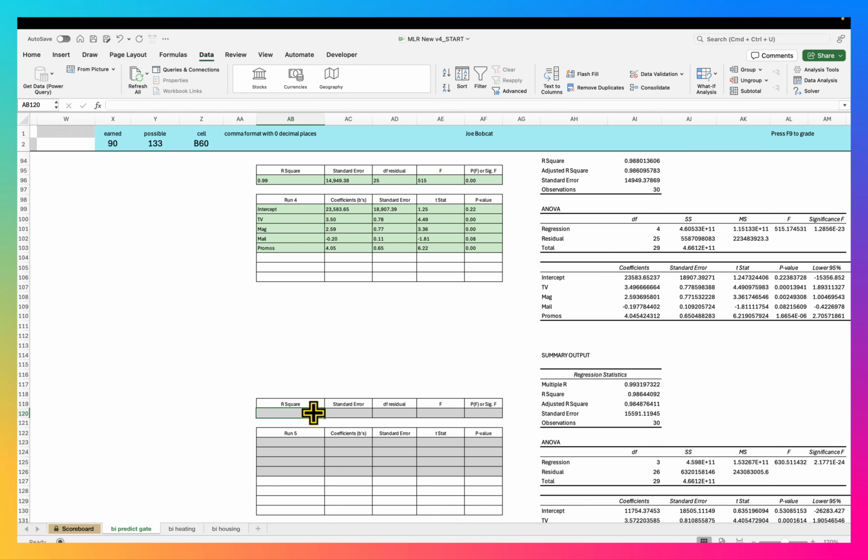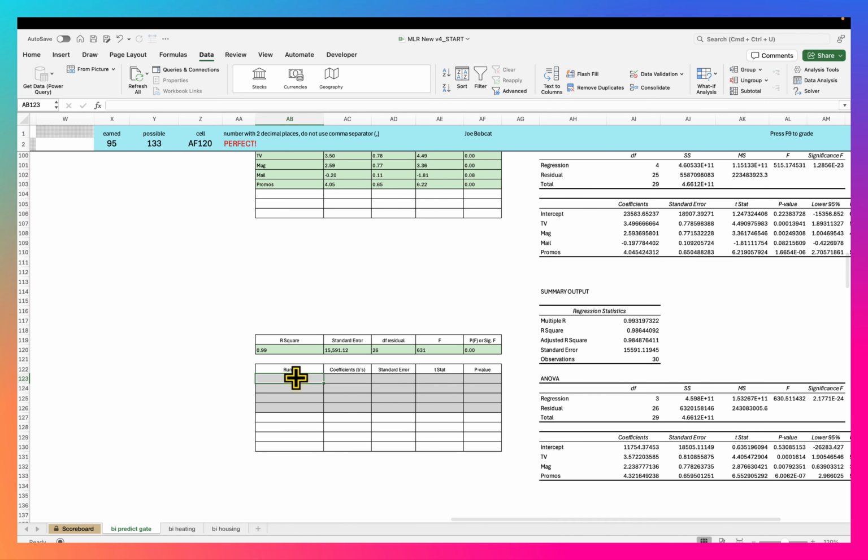Okay, reference the R squared. Haven't lost a step there, which is great. Reference the standard error. Degrees of freedom residual. The F statistic is off the charts, and its probability is effectively 0.